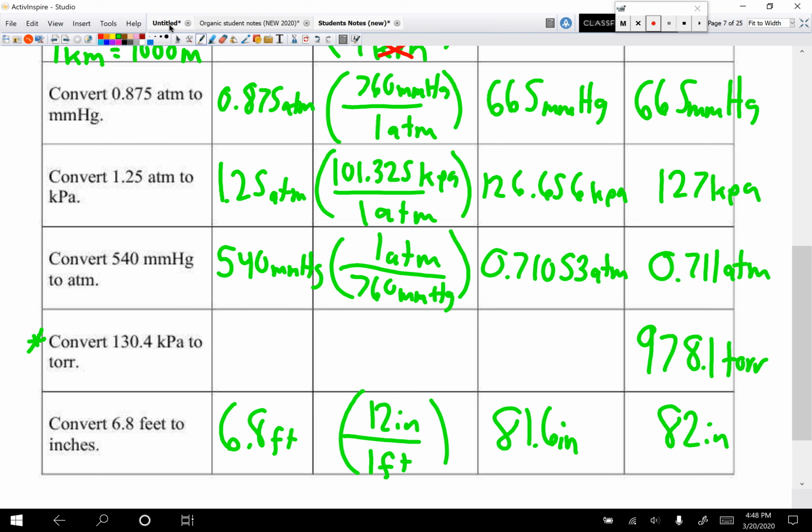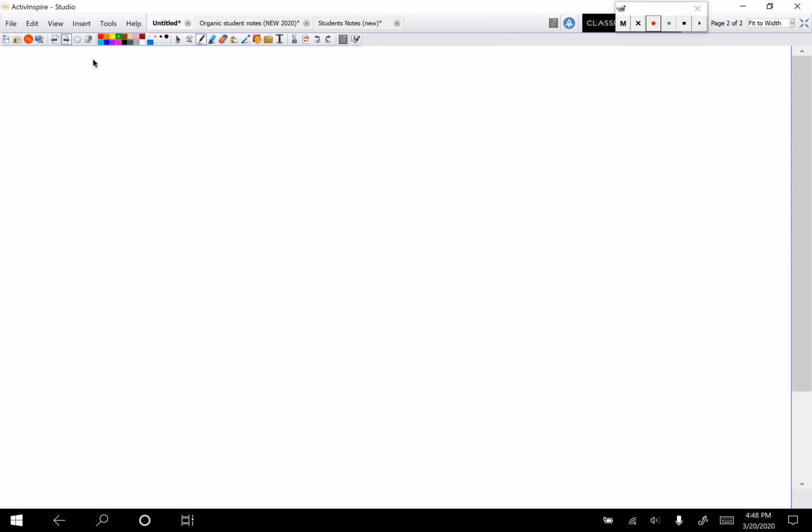Okay, with that one I just highlighted, when we write out our given, we had 130.4 kPa. Now, when we looked up top, there wasn't one relating kPa to torr.